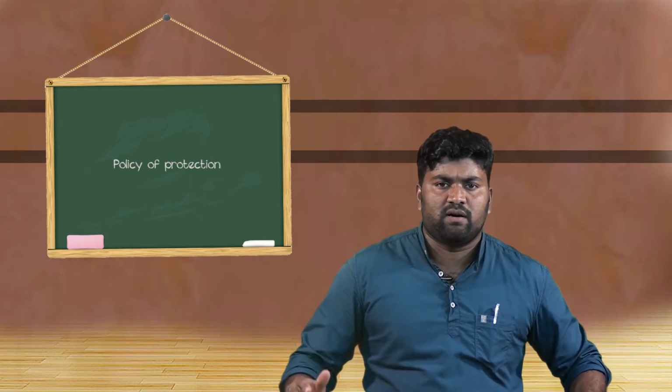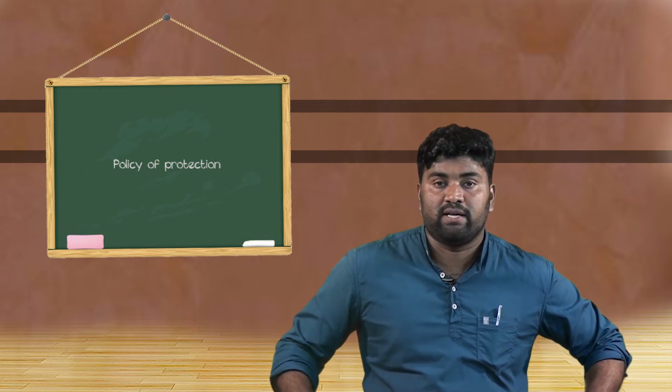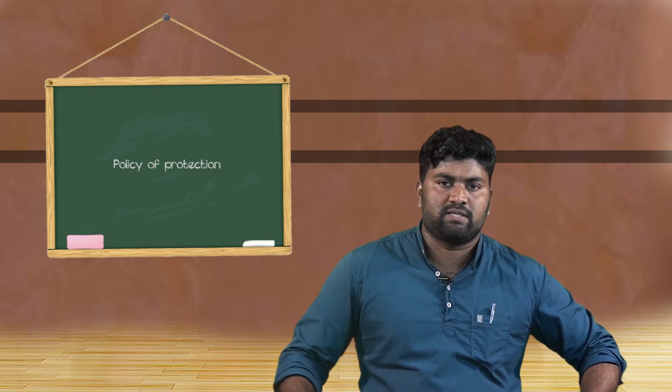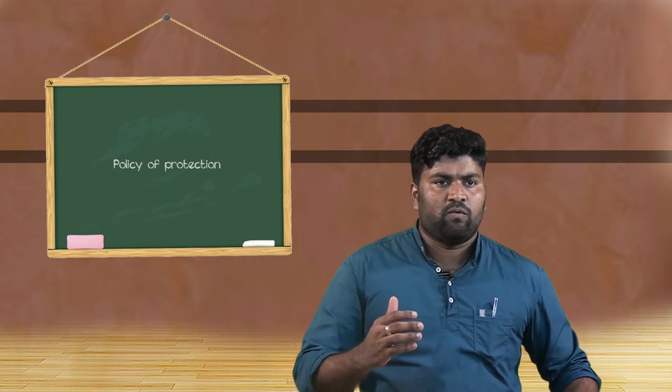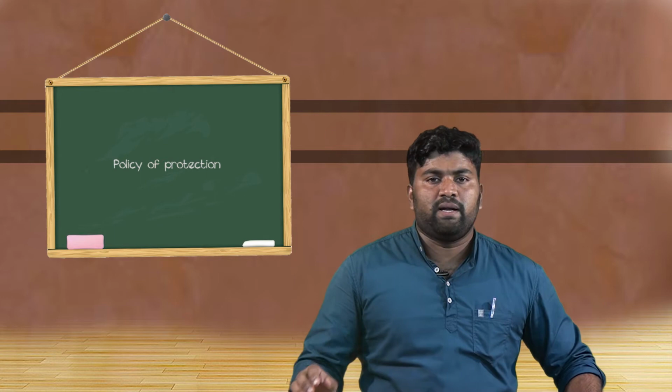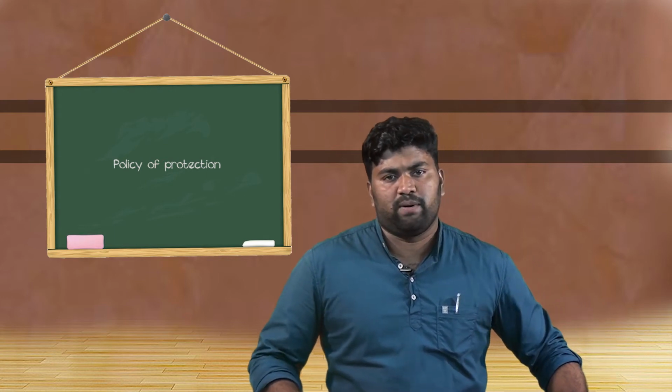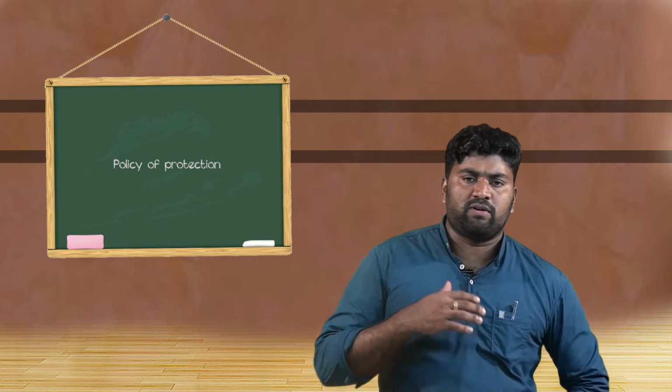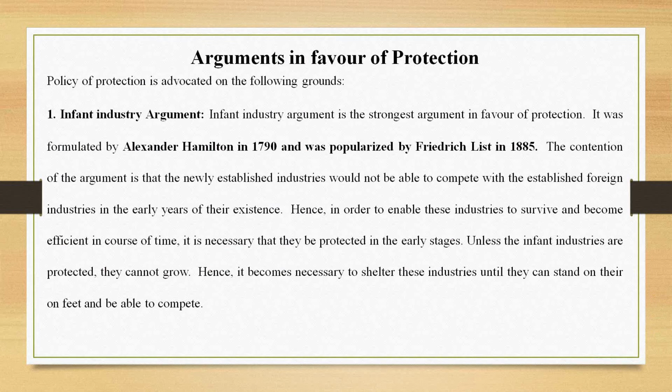There are different benefits or advantages from this protectionist trade policy, or policy of protection. What are they? The first argument is the infant industry argument. This argument was propounded by Alexander Hamilton of the US in 1790, and later it was developed by Frederick List in 1885.